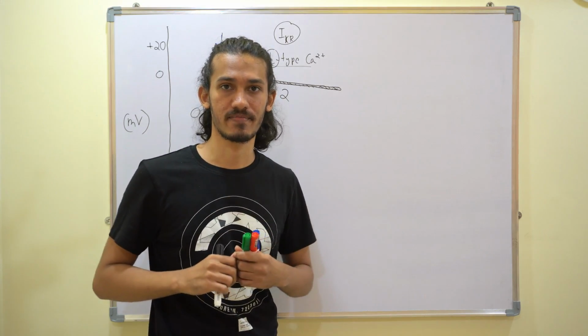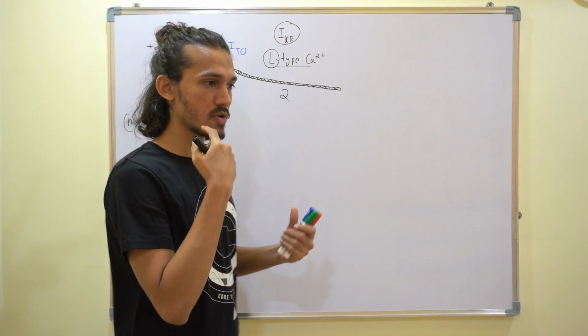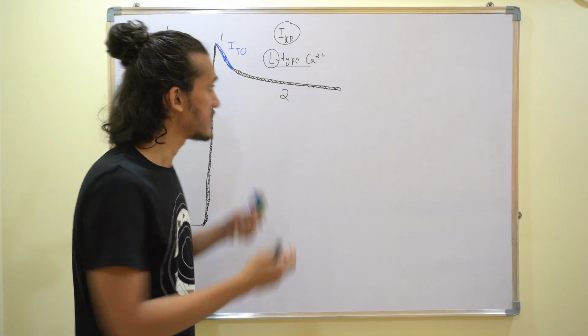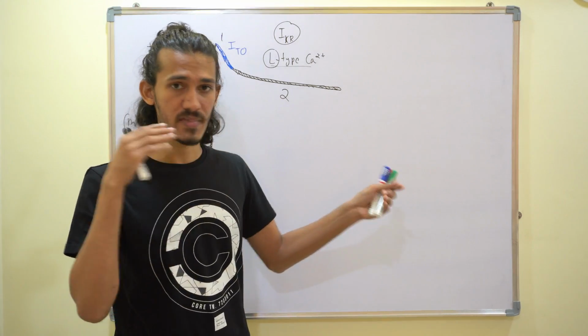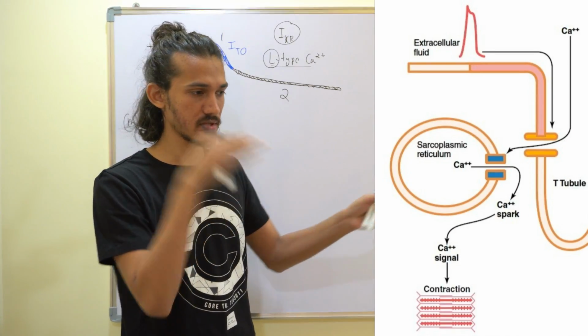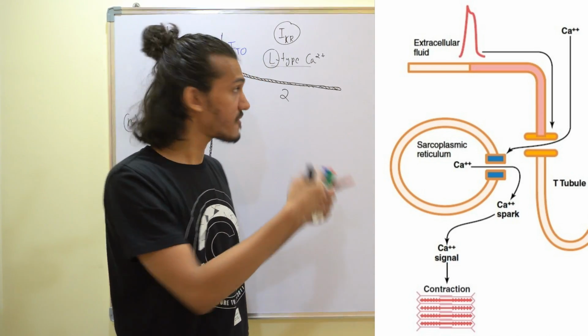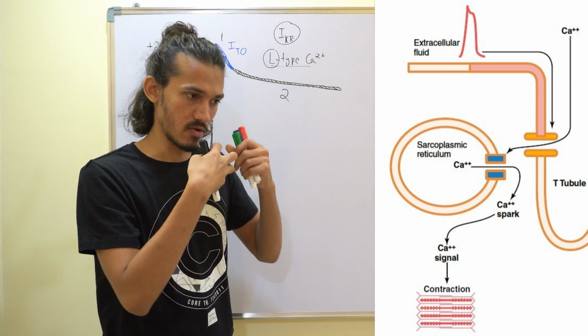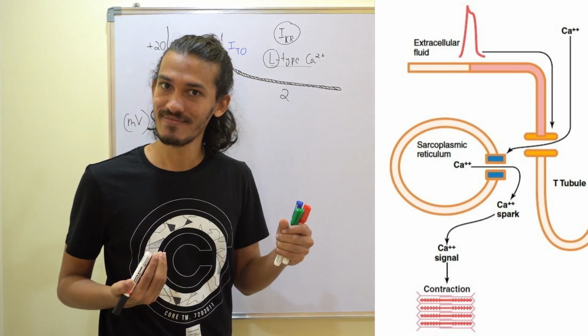Now the second thing, calcium influx is there, right? So in the heart, when these potentials are generated, they go through the T tubules, right? So once they go into the T tubules, there's opening up of calcium channels. So opening up of calcium channels will result in calcium influx, right?